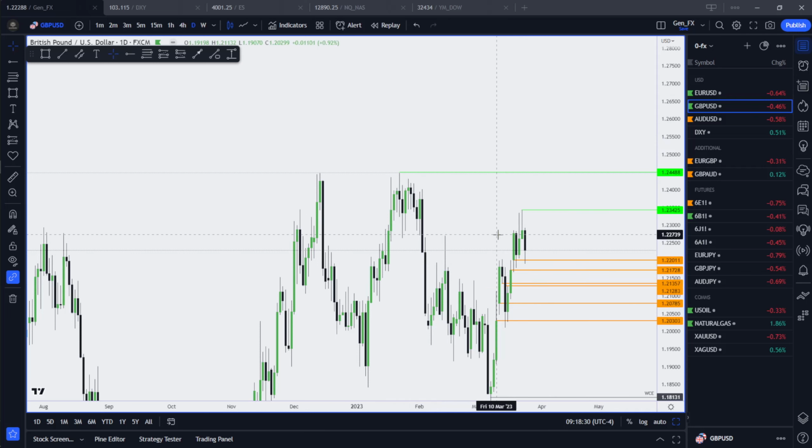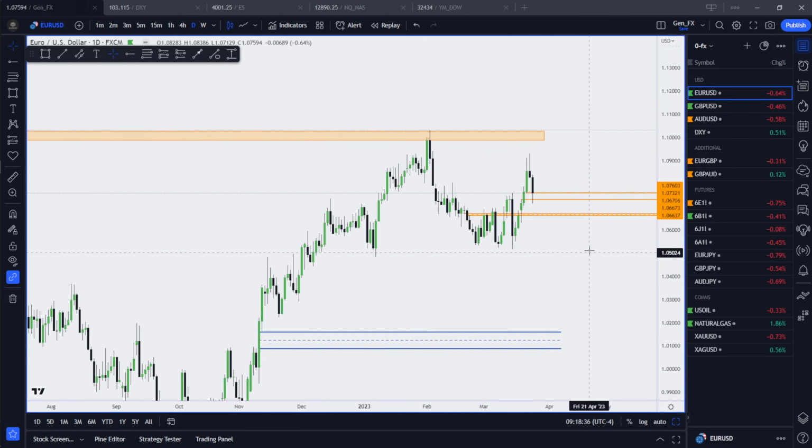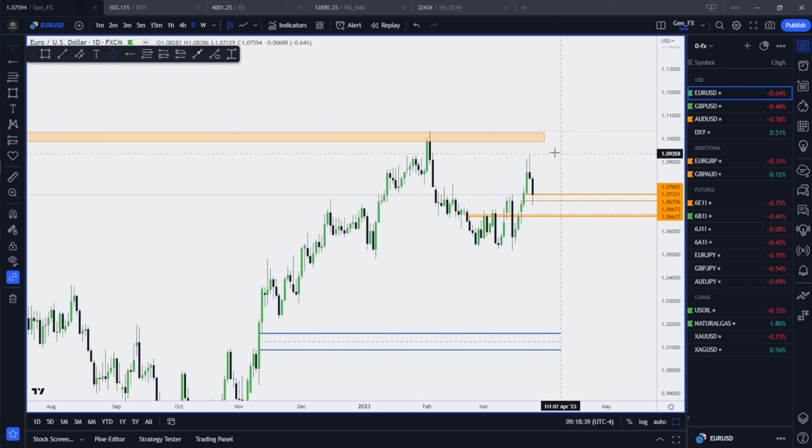And euro, though I have it marked as bullish, there are also higher targets here, so that would be target one, target two, and also similar price action here on euro. We came into this pocket of price action, and we moved a little bit higher.